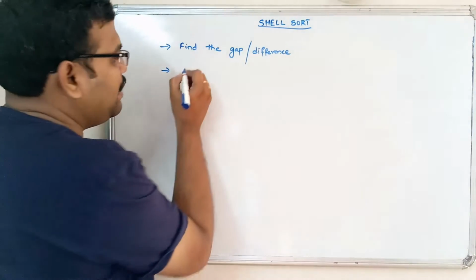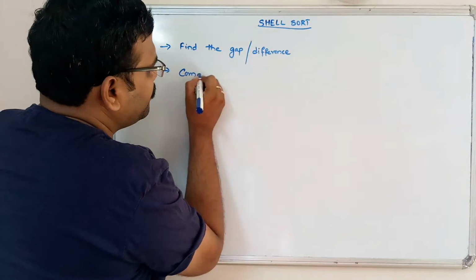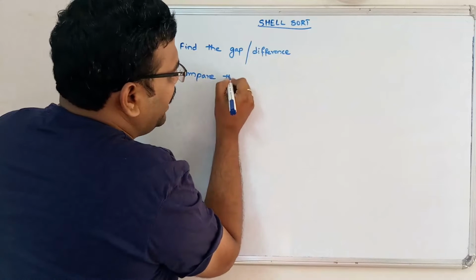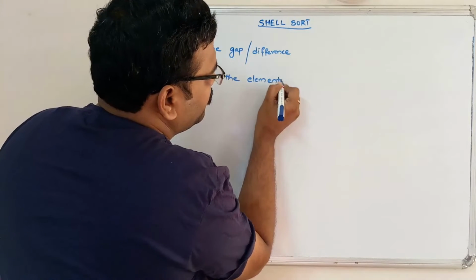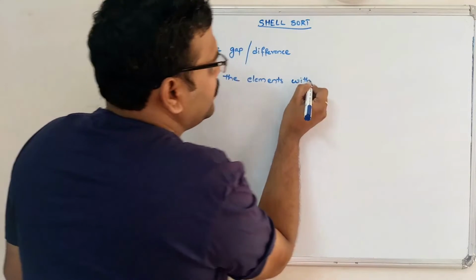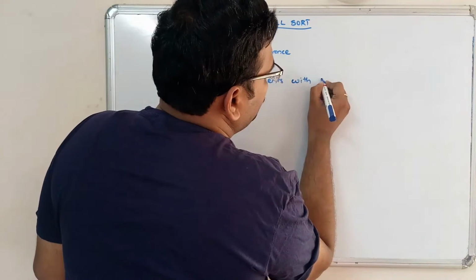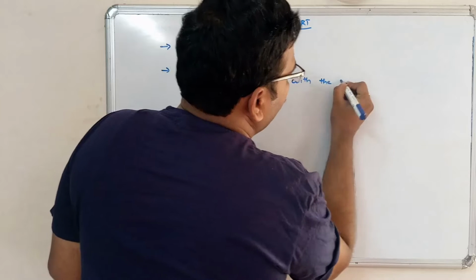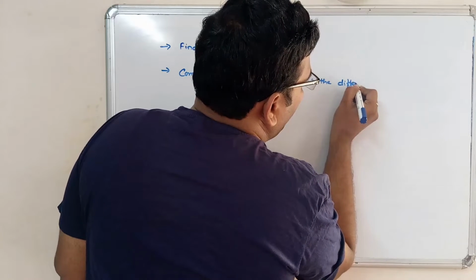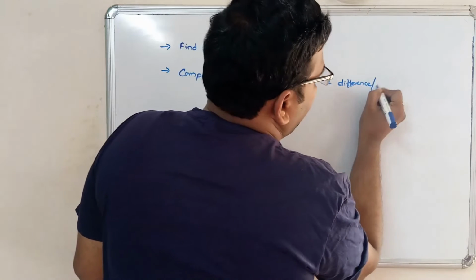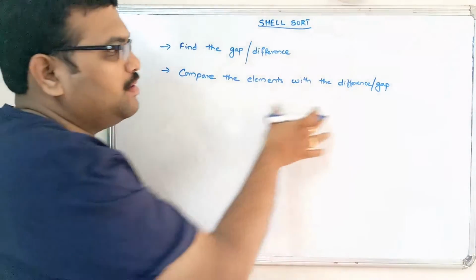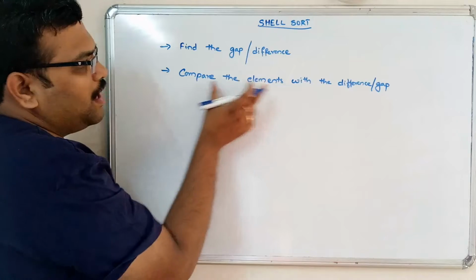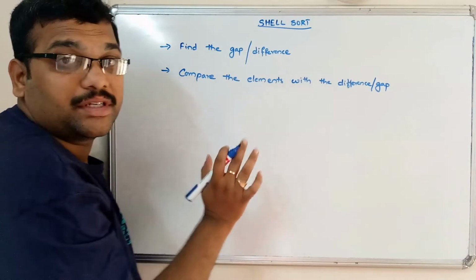Second, compare the elements with the difference or a gap. So we have to compare all the elements having the distance between this difference, right?